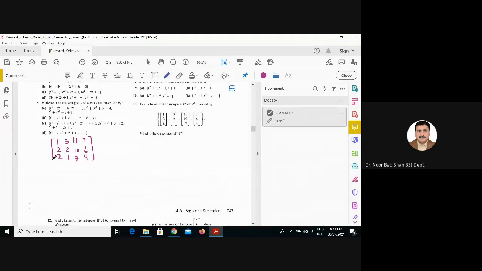Obviously it is not forming a basis of R3. It says a subspace W of R3. So we will be converting that into echelon form.